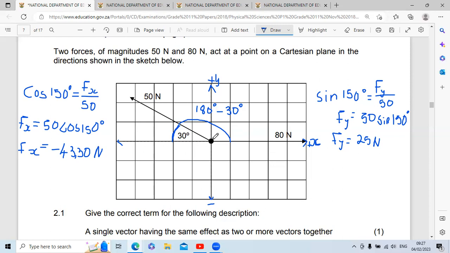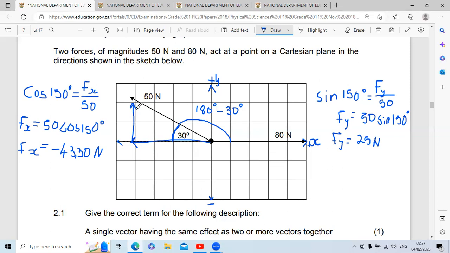So if you're confident about your direction, you know that this is to the left, which means it's going to be negative, and this is upward, which means it's going to be positive. So I suggest that you can use the 30 if you're confident about your directions.